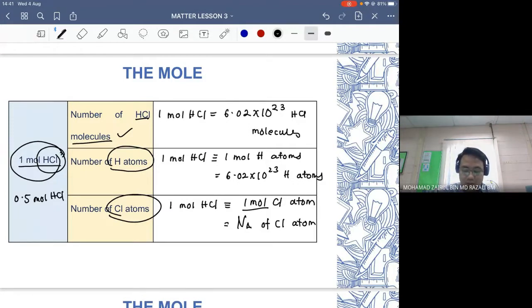Kalau saya halfkan mole ni, what happened to this number? The number of atoms semua ni apa? Kurang juga. Dia akan berkurang sebanyak half. So let's say 0.5 mole HCl, this one you need to divide by 2, this one you need to divide by 2, and also this one you need to divide by 2. Or you can also multiply by 0.5 lah, it's still the same.